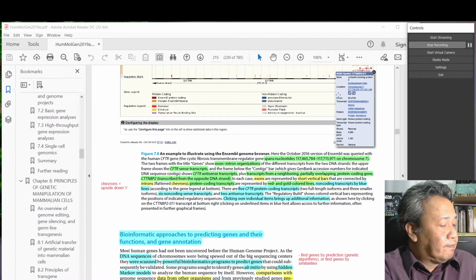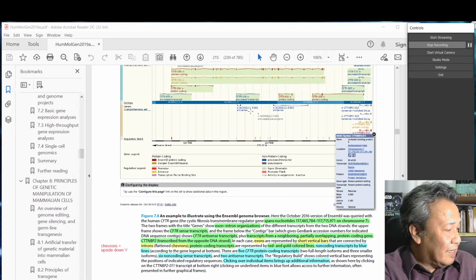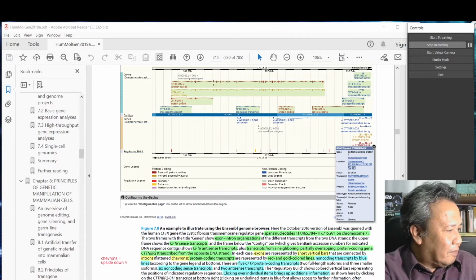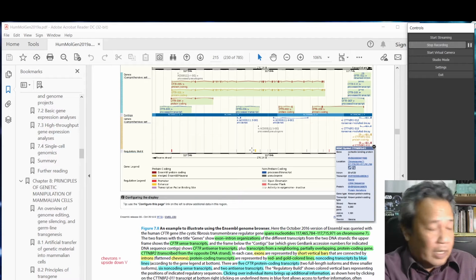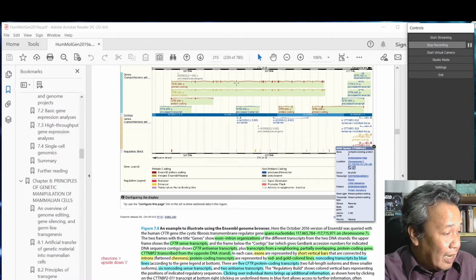Exons are represented by these vertical bars. These are the exons, right? Very, very small exons, and a lot of them are actually non-coding. The exons are the coding, and then the lines, this upside down V, the chevrons, these are the introns.